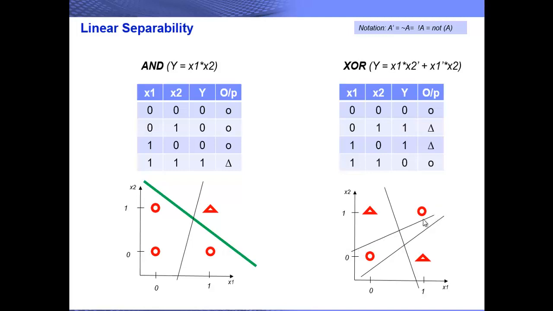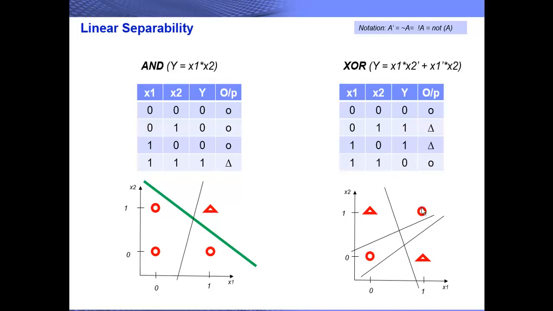If this is the line, no, this is also not. Even this line is not. One triangle is here, but the other side of that line has a circle, triangle, and circle, so elements of both classes are there, so that's not separating. Because nothing is separating, this is not a linearly separable problem.